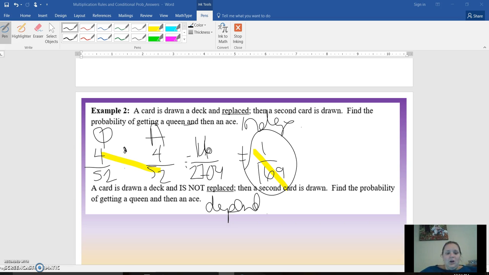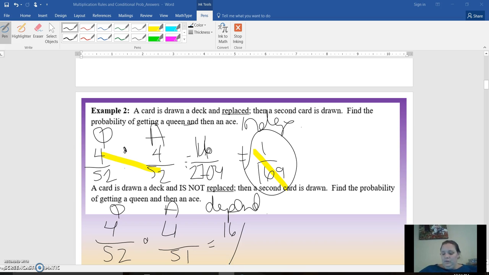All right, so now we're going to draw a card. We're not going to put it back, and we're going to draw a second card. And so remember, probability is what you want over what you have, or the total. So we want a queen still, and then an ace. In the first deck, we have 52 cards. There are 4 queens. We're going to pull out, and we get a queen. So when we pull out one card, we don't have 52 cards anymore. We have 51 cards. And we took a queen out, but it didn't affect the aces.